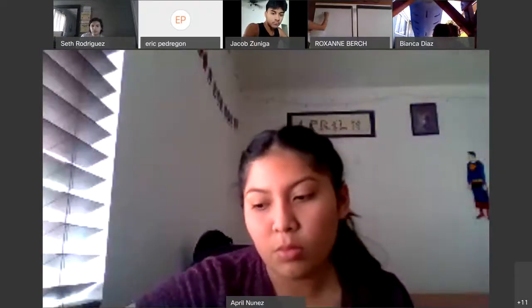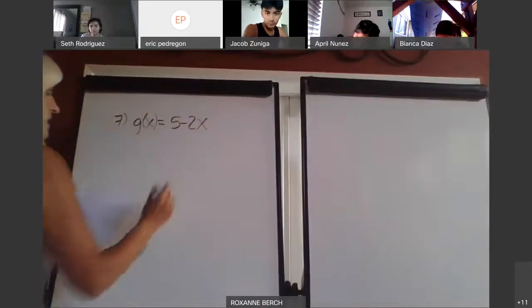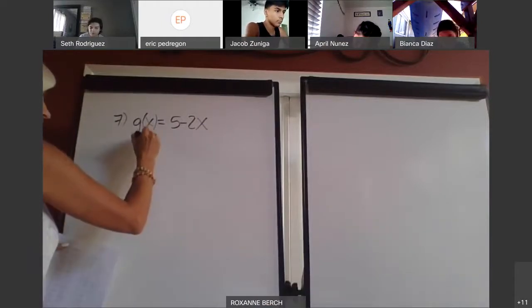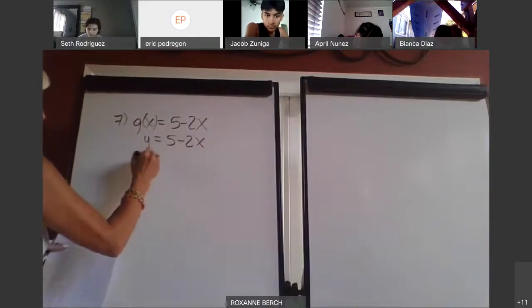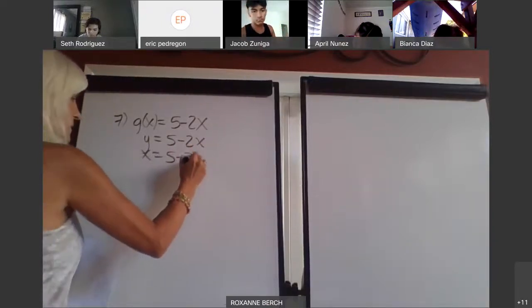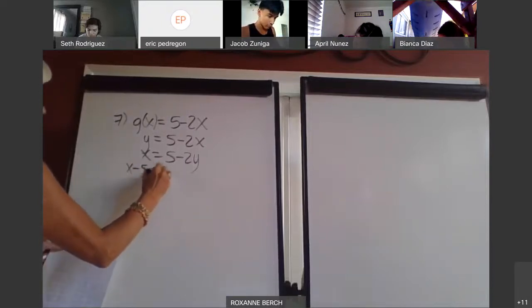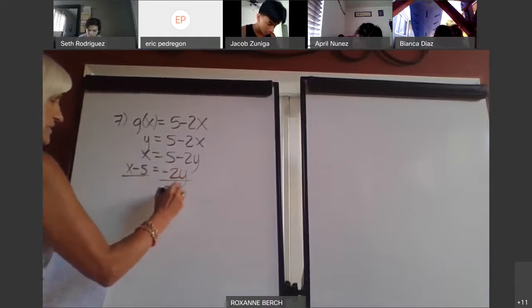All right, so g of x is equal to 5 minus 2x. So I have to find the inverse in order to verify. So you're going to change f of x to y. You're going to switch x and y. You're going to solve for y, so subtract 5. That's a negative. Divide by a negative 2.